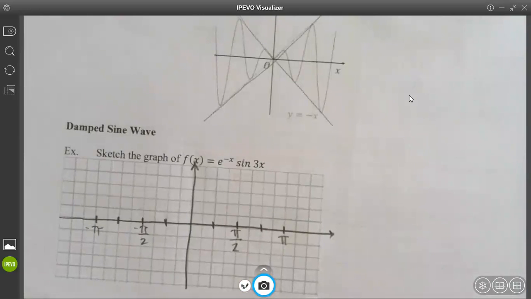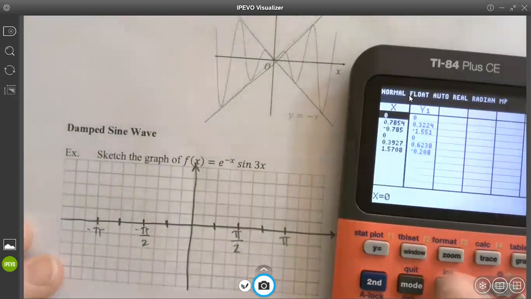I'm just going to put the function in, e to the negative x sine 3x.